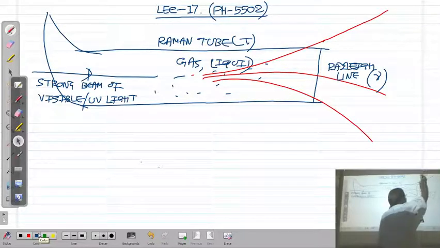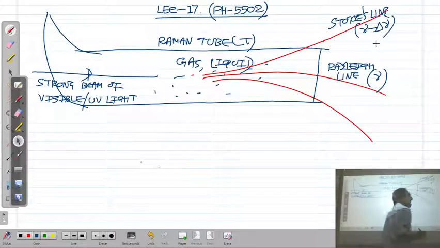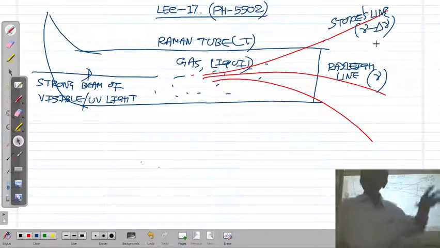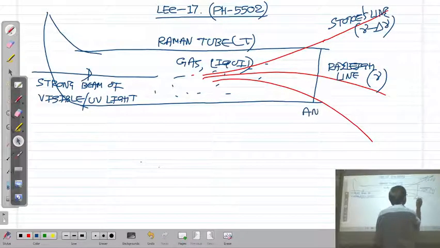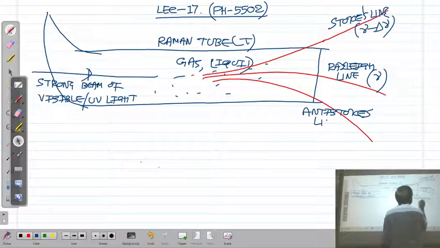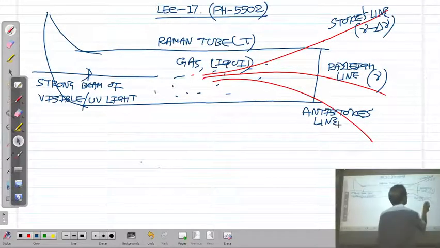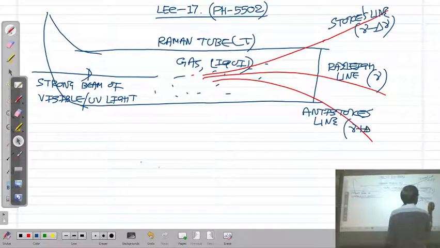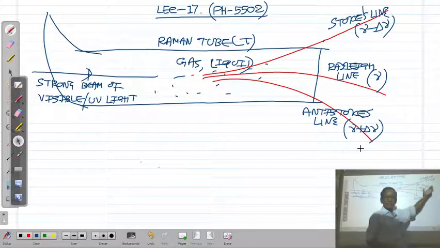On one side of the Rayleigh line we get the Stokes-Raman line, whose frequency is less than that of the Rayleigh line. We also get the anti-Stokes line, whose frequency or wave number is higher than the wave number of the Rayleigh line. So we have three types of lines.